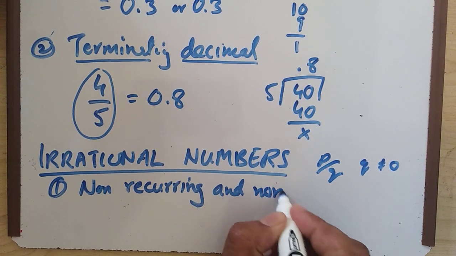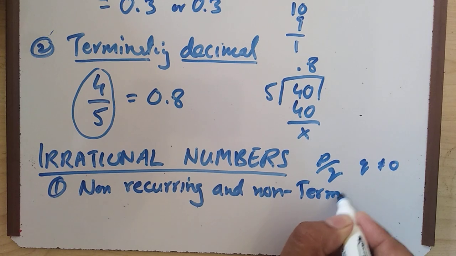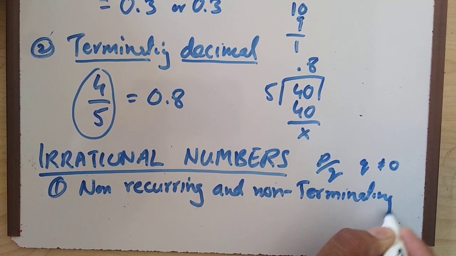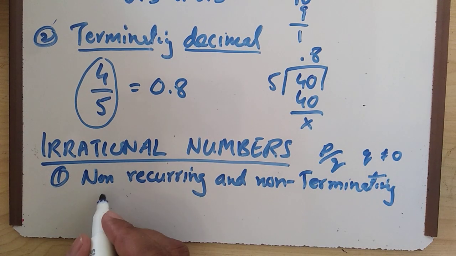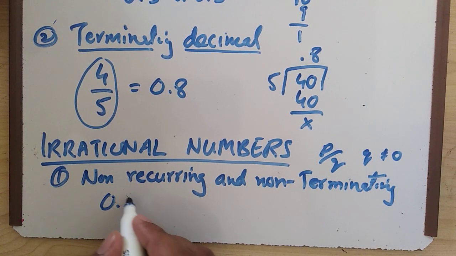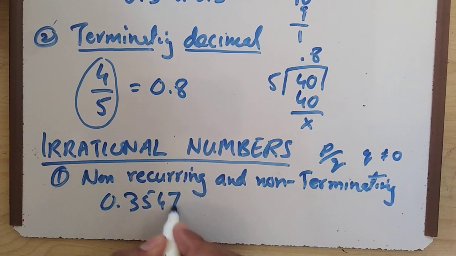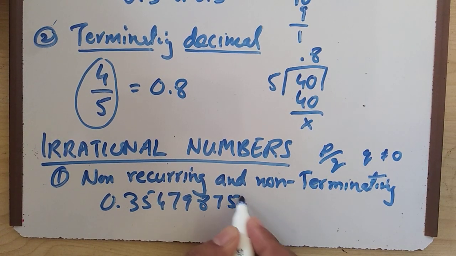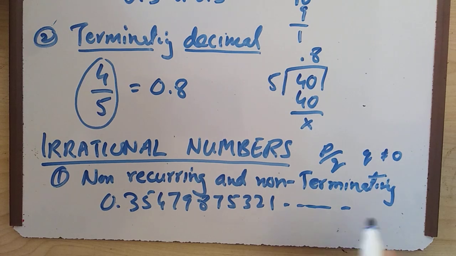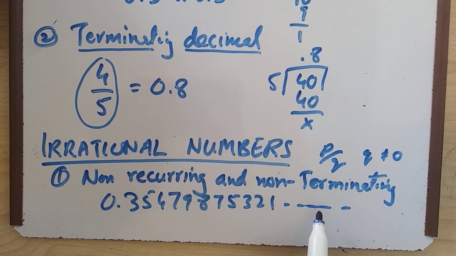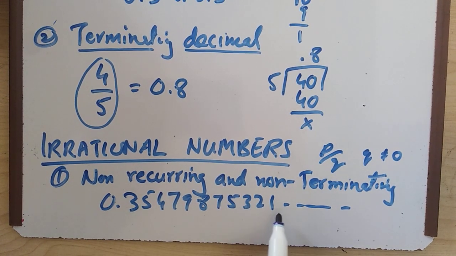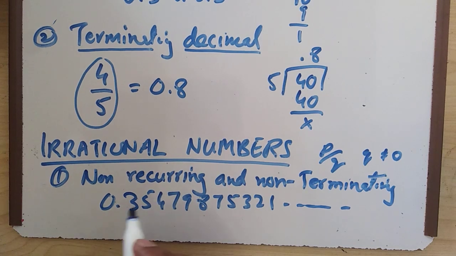I'm going to write an example of such a number. Let's suppose we are getting an answer like 0.35479875321 and so on. If you judge this number, you can see it doesn't terminate, and there is no pattern in the digits. So we call such numbers irrational numbers.